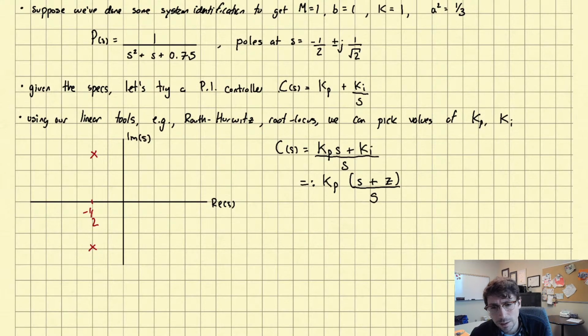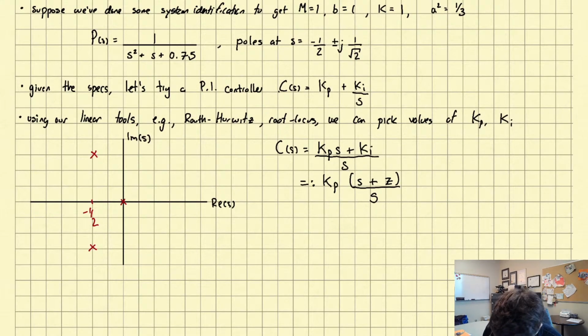Now, again, this is just a simple, quick design. Now we've got the pole at the origin coming from the controller, and we need to pick a zero location. What we don't want when we pick our zero location is for these poles to go into the unstable region. And if you recall, we know that they're going to go off to infinity along asymptotes. So we just want to make sure that these asymptotes stay in the left half plane, okay?